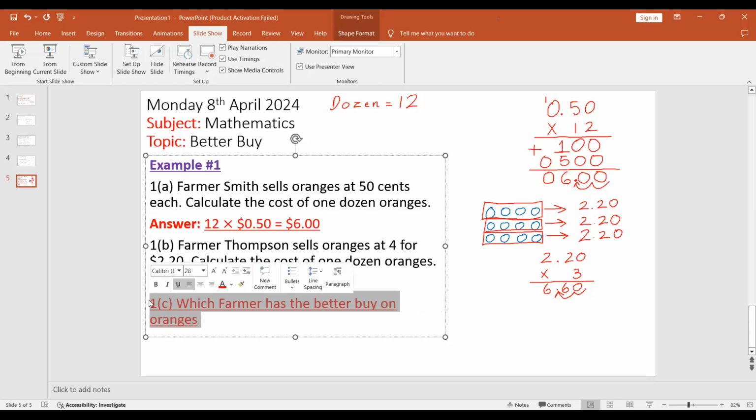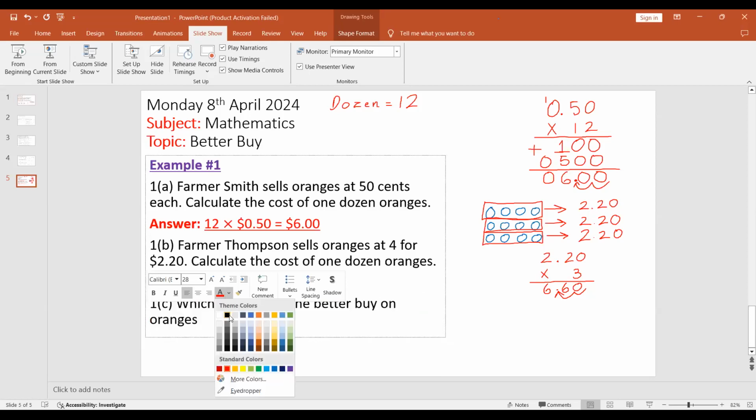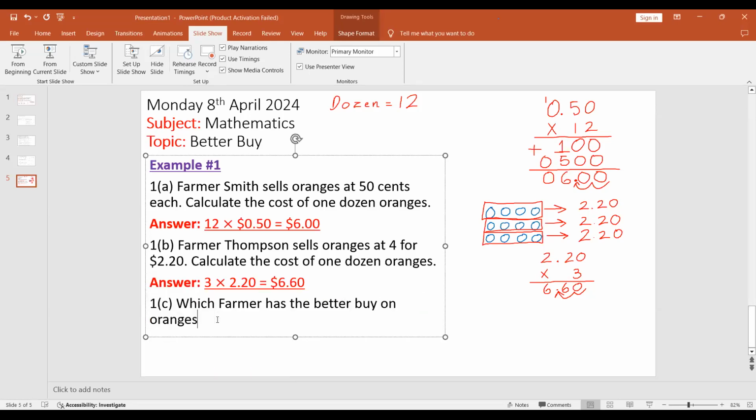Very good observation. Do y'all understand what she said? Yes, sir. So when they say which one has the better buy, they're basically asking which one is the cheapest, right?